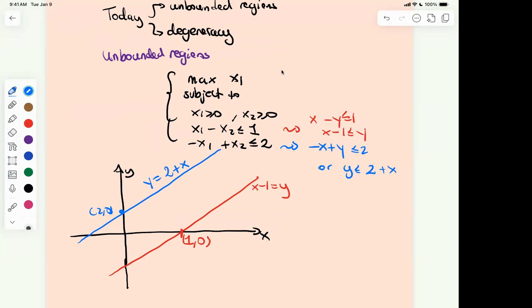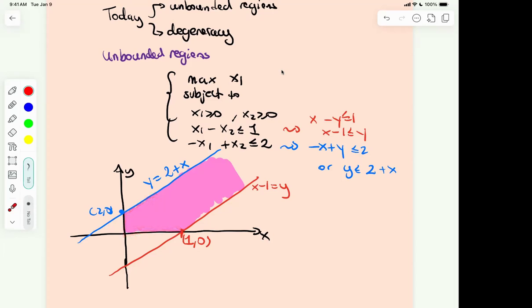If you look at these two lines, they are parallel because they have the same slope. Because the region of interest is only in the first quadrant, if you work out the inequalities, it's almost like a strip with an extra part: the stuff between these two lines in the first quadrant, and this extra region.